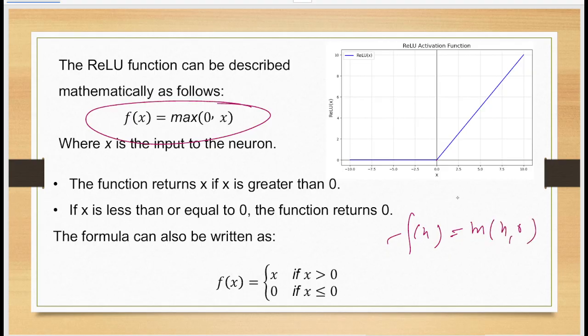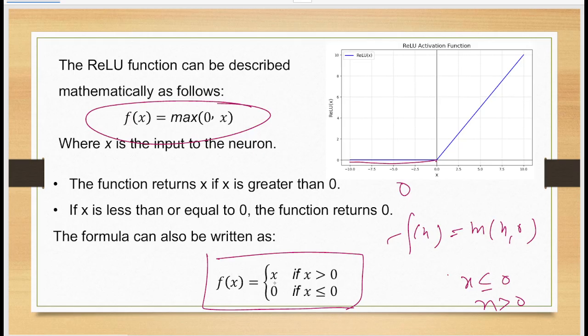That means if x is less than or equal to 0, the result will be 0, and for x greater than 0 we get the same value, x. So f(x) equals x if x is greater than 0, and if x is less than or equal to 0, we get 0.